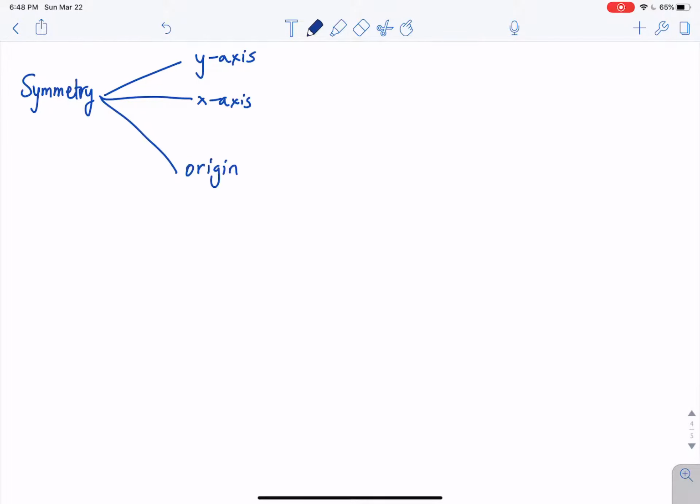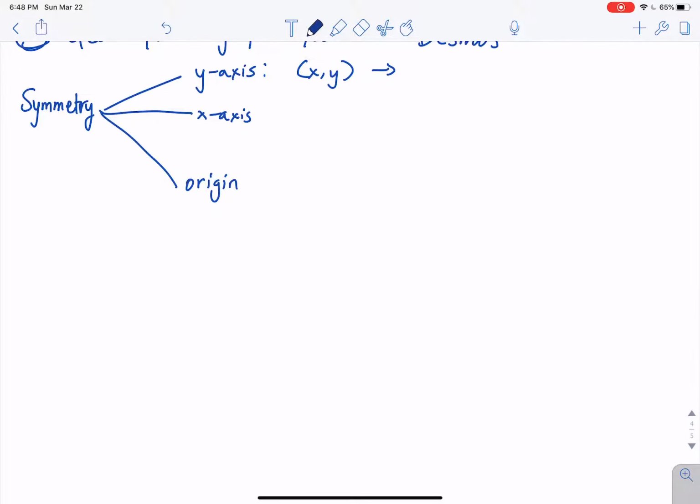When you have y-axis symmetry, if you have the point (x, y), if it's symmetric over the y-axis, that means the y-coordinate stays the same, but the x has to be negative, so (-x, y). If I have a point on this side, to be symmetric over the y-axis, I'd just have a negative x value, but the y value stays the same.